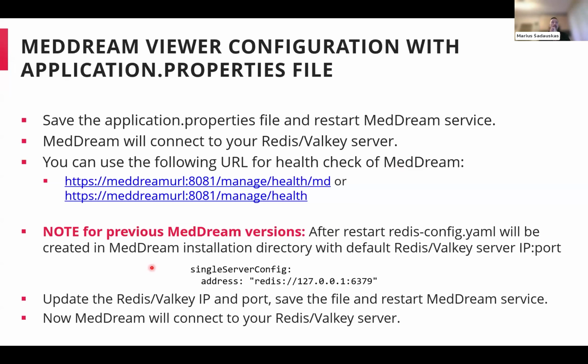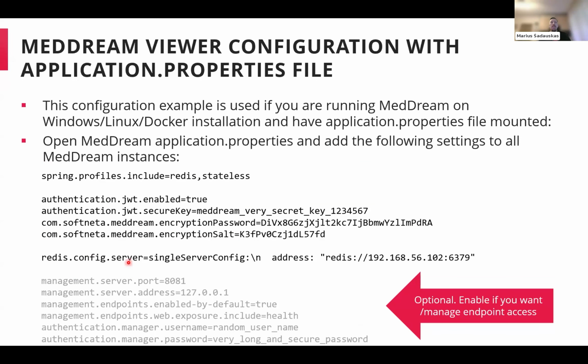Now for the previous versions, so the 8.8 version and earlier than 8.9, we didn't have this redis.config.server parameter, so you would need to add only these values. I will demonstrate it here.